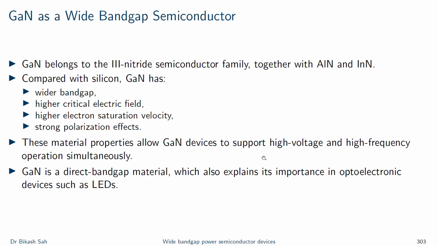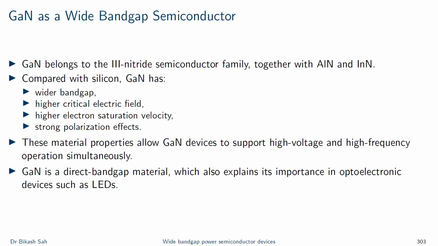Now let's summarize the material identity of GaN. GaN belongs to the III-nitride family together with AlN and InN, that is, aluminum nitride and indium nitride. This family is fundamentally different from silicon because it combines a wide band gap with strong polarization effects.